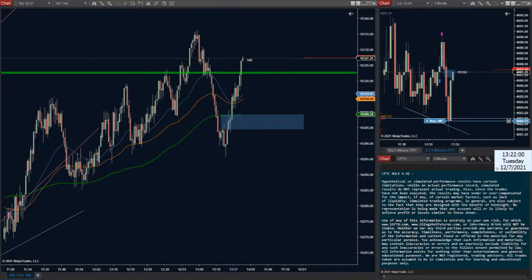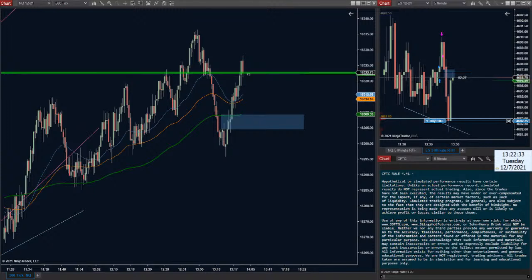Challenging the break even. Bid ask is shifting higher, but they haven't popped price through. Here it sits.